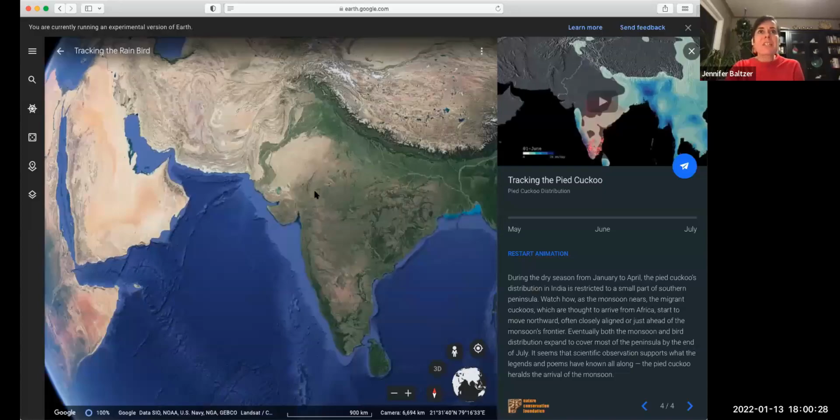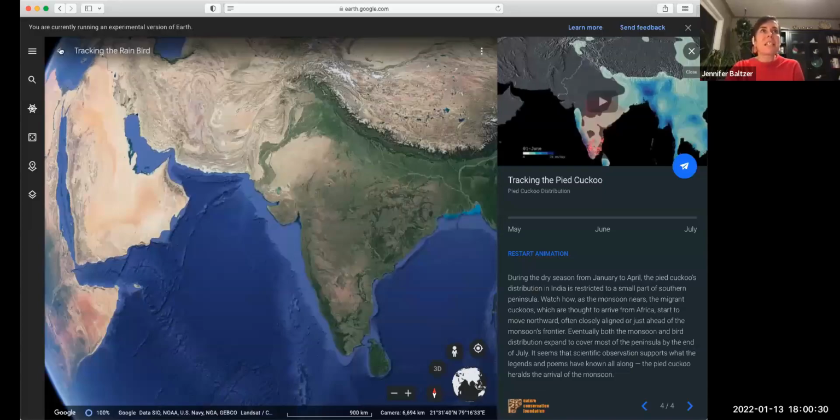But just as an example of the kinds of things you can look at in Google Earth, I'm just going to share my screen because I thought this one was particularly neat because it really links those patterns of climate with species distribution information.